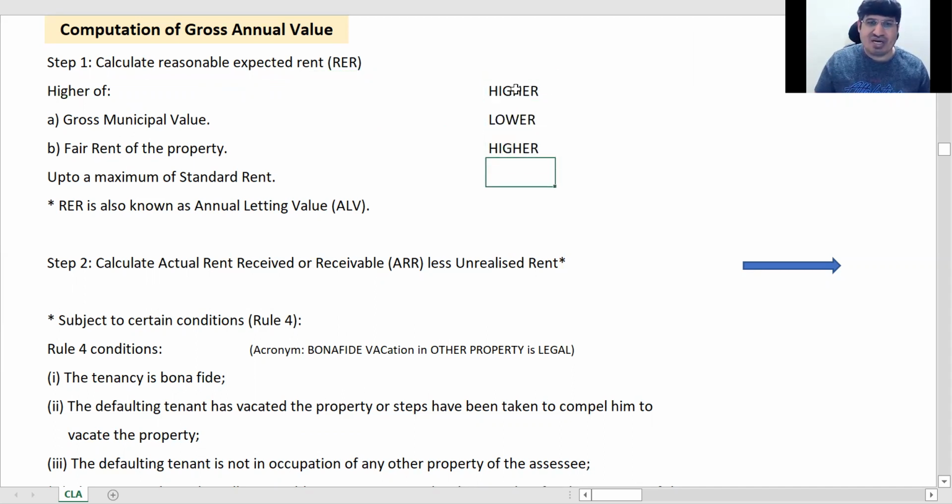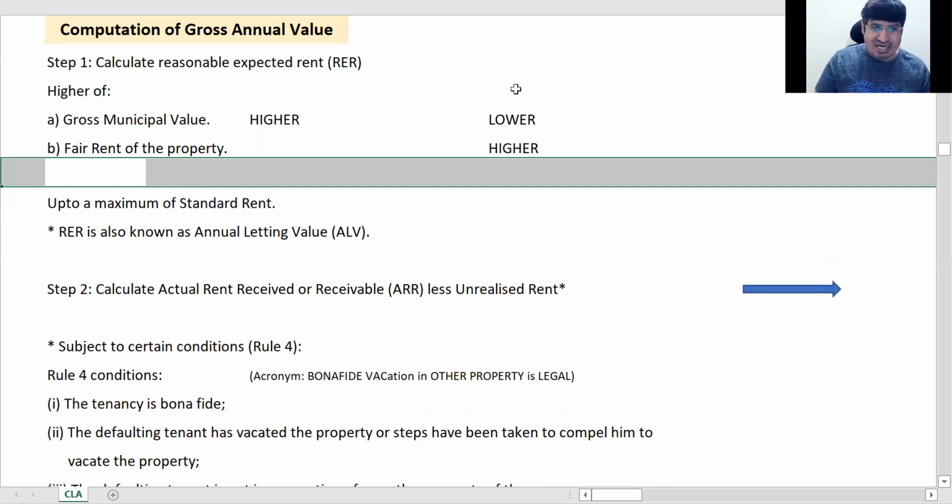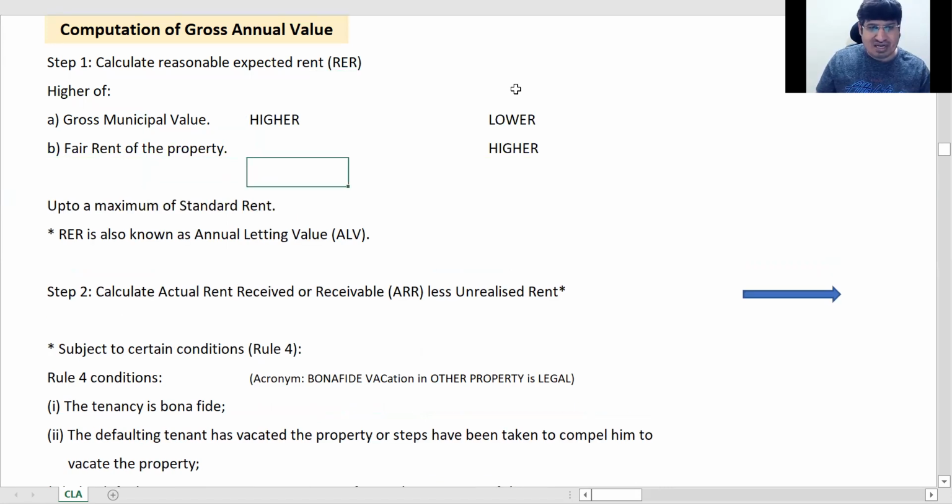Okay, remember this: higher, lower, higher. So you have to use higher for these two. After these two, you will get something here, right? Higher of the two will be one figure. Okay, this is this figure, higher.